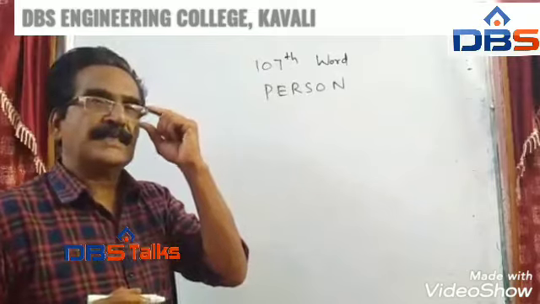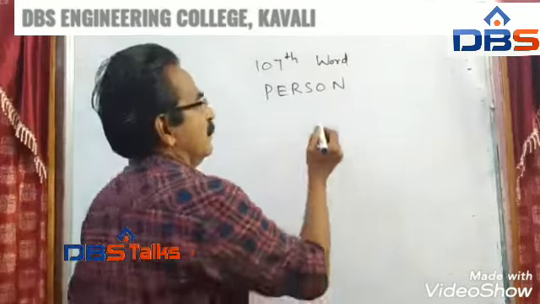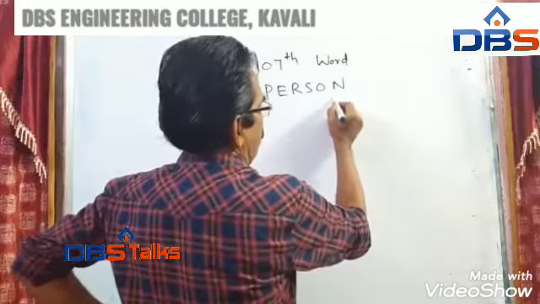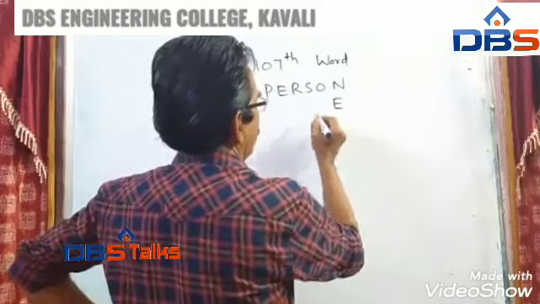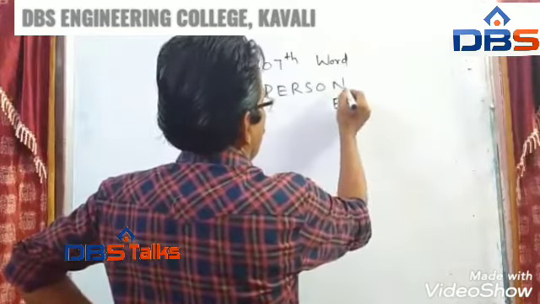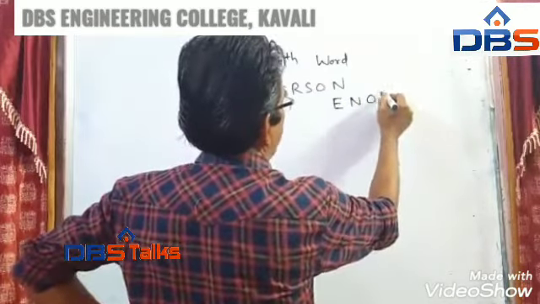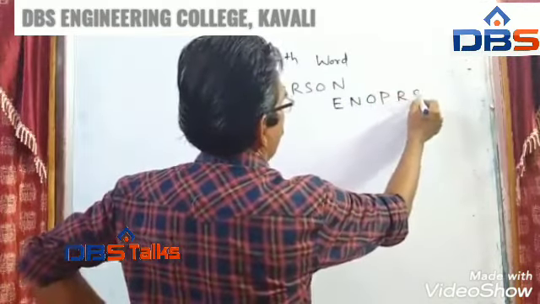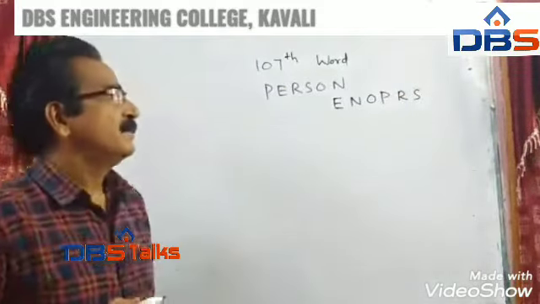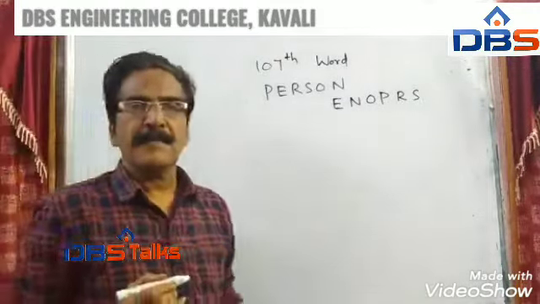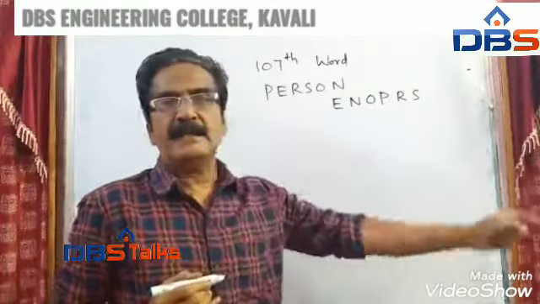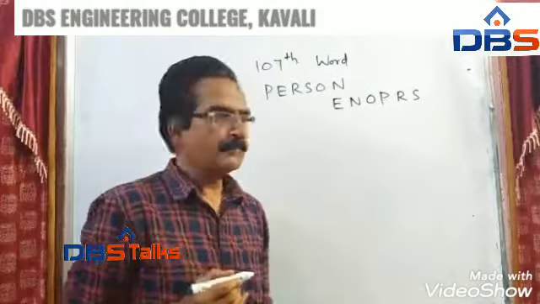So the first thing we have to do is write the letters in alphabetical order. E, the smallest one. Next N, O, P, R, S. So these are the letters written in alphabetical order.